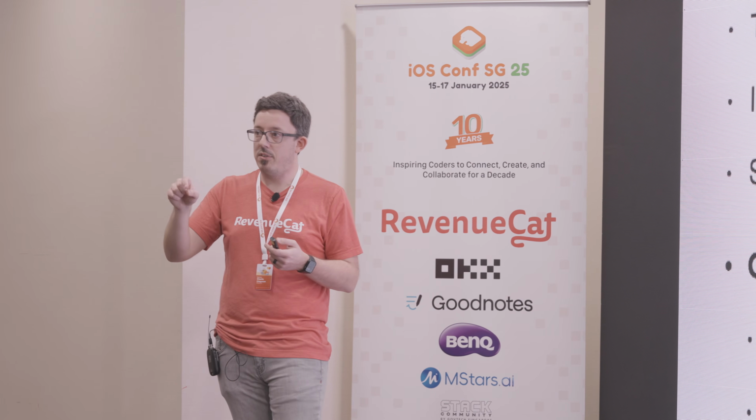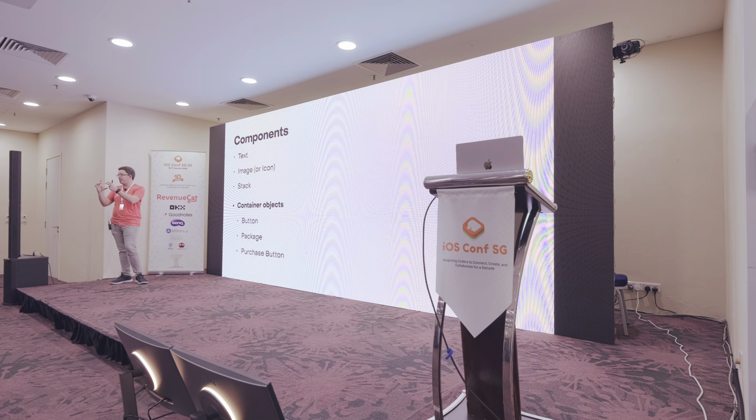Whenever you tap on a package, it doesn't do anything, it just selects it. So that's what that special type of container object is. And then there's a purchase button, which is just a special type of button that initiates a purchase of whichever package has been selected. But right now, in the beta version that will come out sometime soon, this is everything, and yet you saw how much flexibility there was in that layout engine.